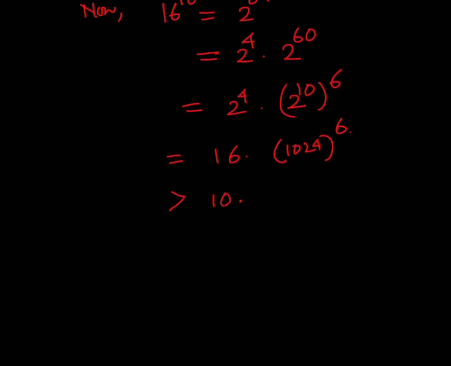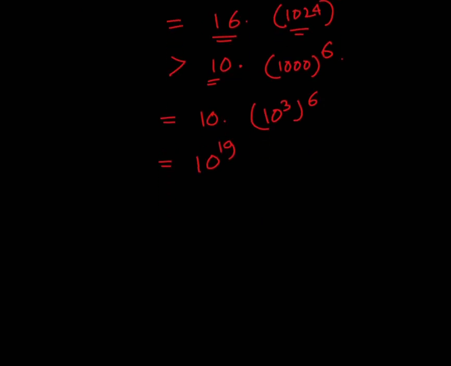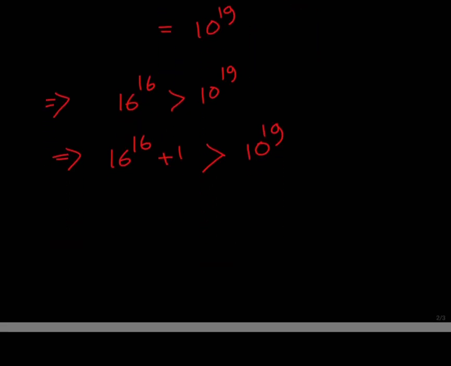This is definitely greater than 10, since 16 is greater than 10, and 1024 is greater than 1000 whole power 6, which is equal to 10 into (10 to the power 3) whole power 6, so that is actually 10 to the power 19. So 16 to the power 16 is greater than 10 to the power 19, and therefore 16 to the power 16 plus 1 is greater than 10 to the power 19.